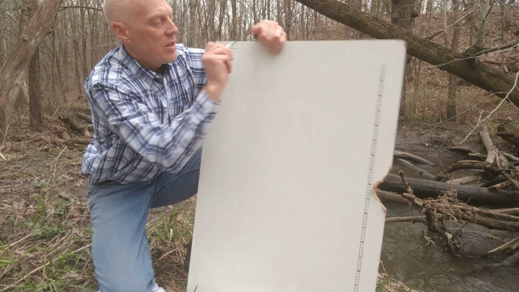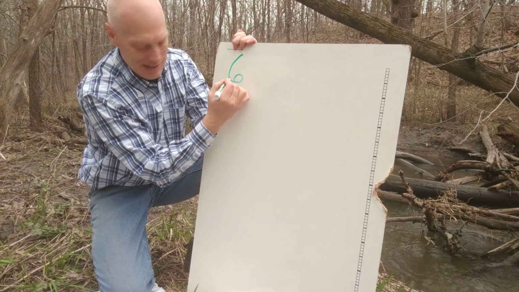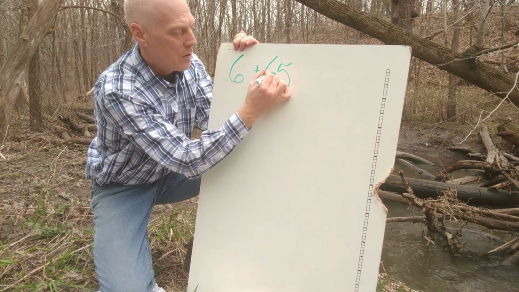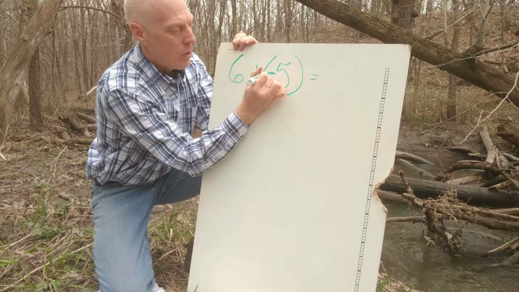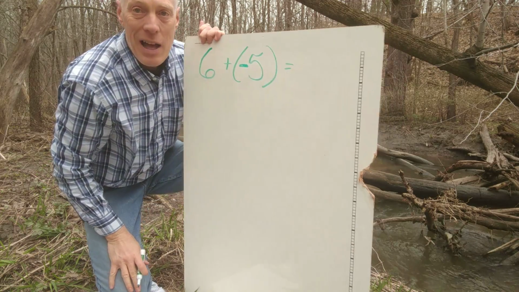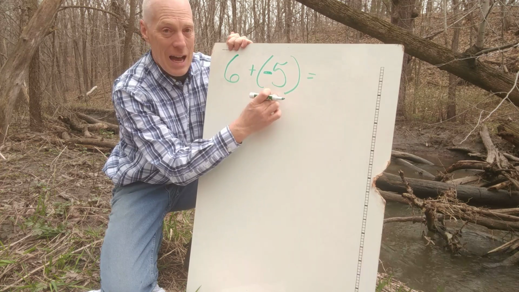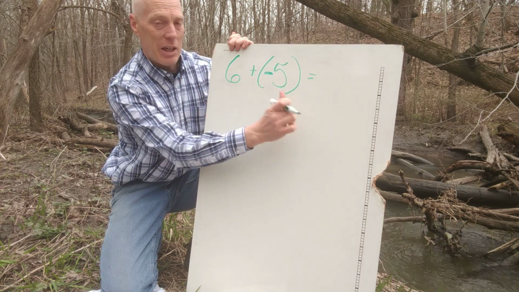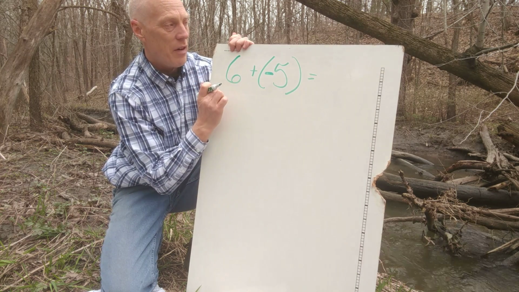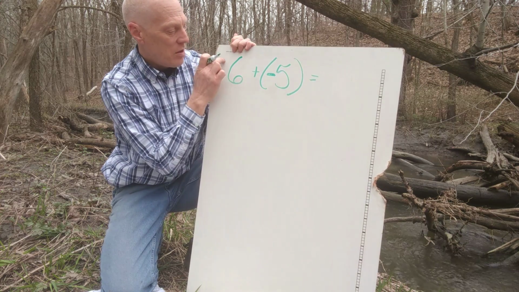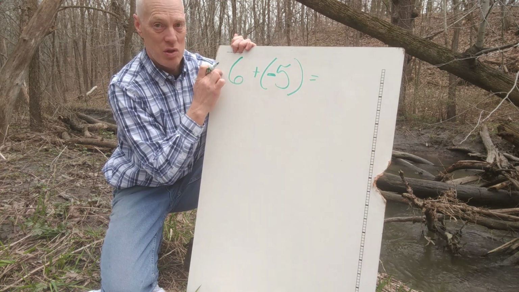So let's take this second problem. Let's say 6 plus a -5. What will that equal? If we do it the absolute value way, we're going to say, okay, which is further from 0? Is the 5, because it's -5, farther from 0, or is the 6 farther from 0? 6 is farther from 0. 6 doesn't have a sign in front of it, so it's assumed to be positive.